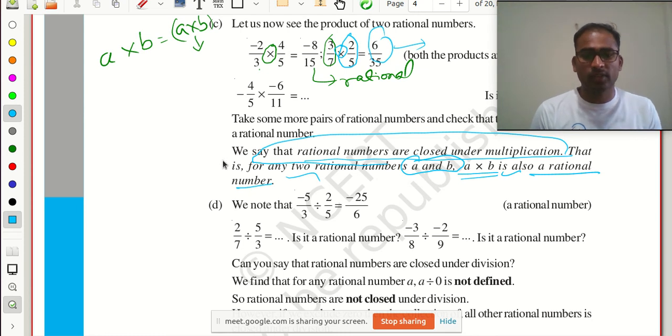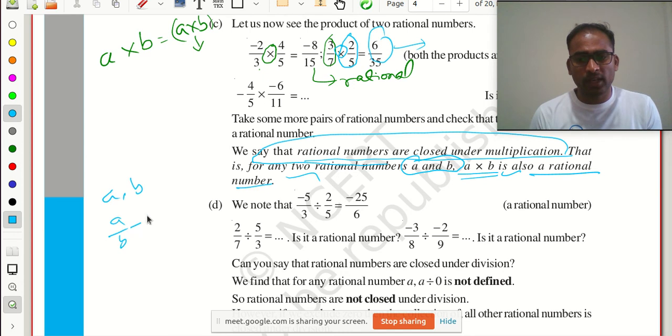Now we will check division, whether this property holds or not. In division, suppose A is one rational number and B is another rational number, then A by B is also another rational number.